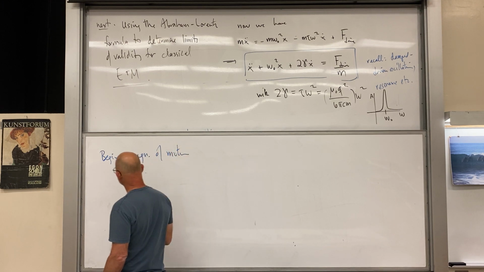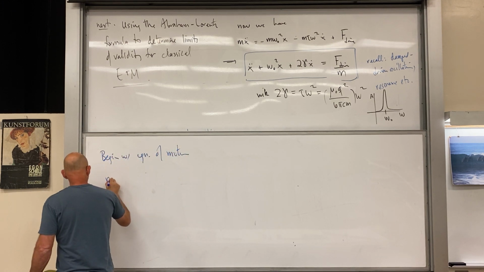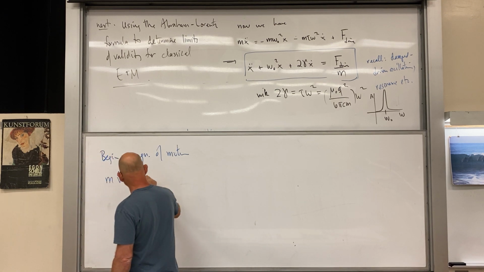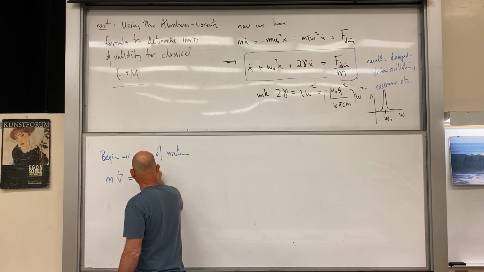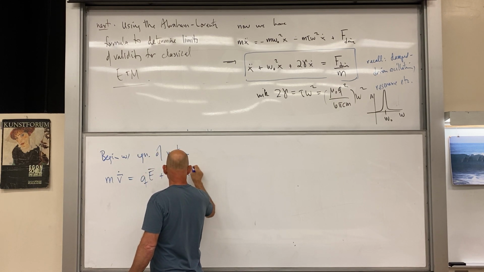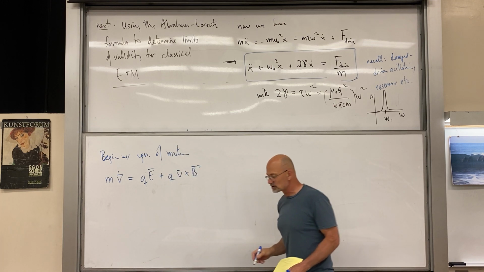So we'll have the classical equation of motion for a charged particle, m v dot, mass times acceleration, equals qE plus q v cross B. Right? That's the force on a charged particle.